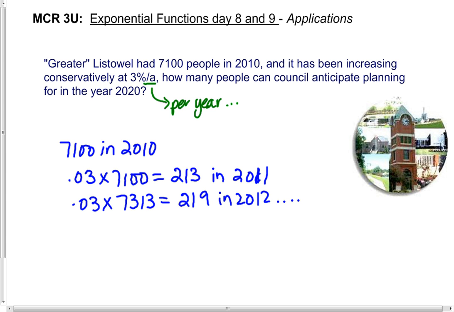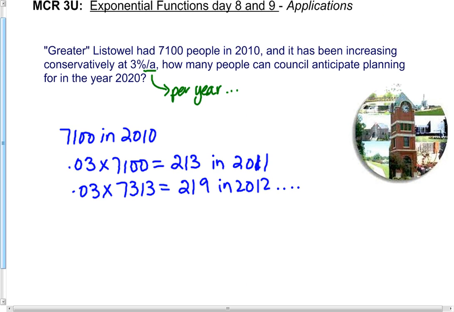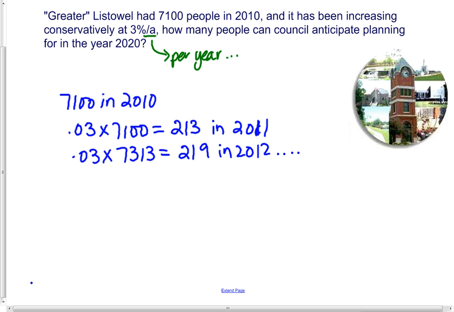So we are going to use exponential functions to model this situation. Our rate of growth is to keep the 7,100 people and add 3% to it each year, adding 3% to the new total, and so on.